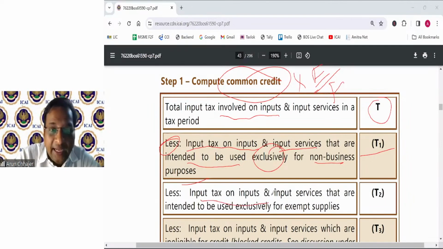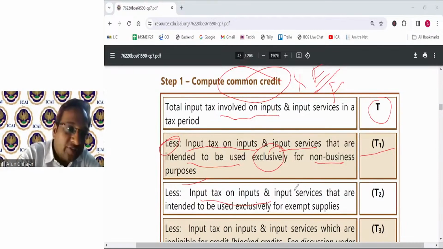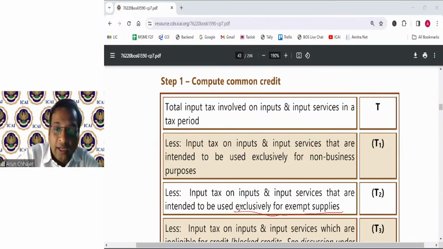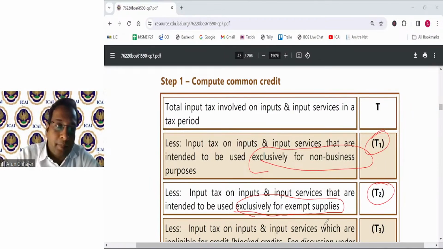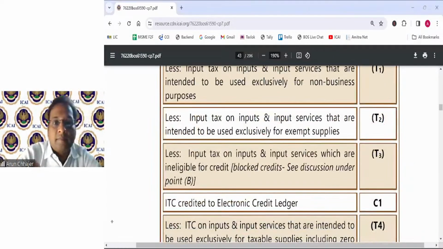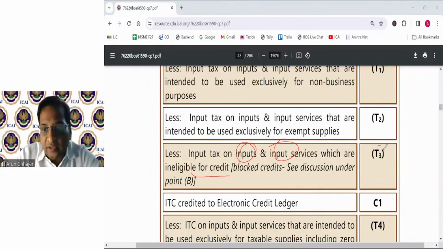Less input tax on input and input service that are exclusively linked to the taxable supplies, exclusively for the non-business, exclusively for the exempt. And further, they are saying that input and input service which are ineligible for credit, block credit, that is T3.